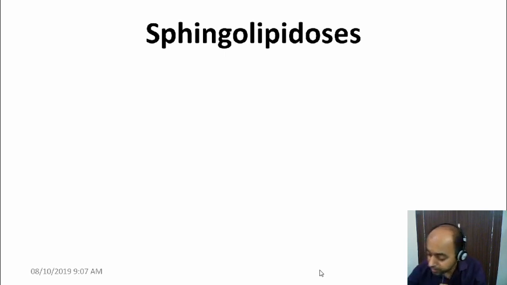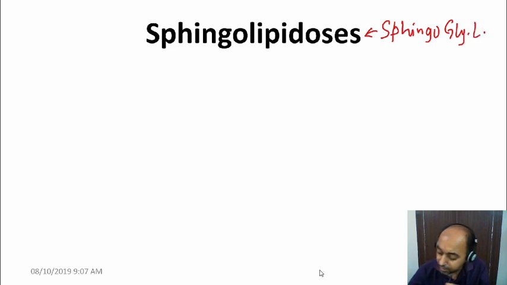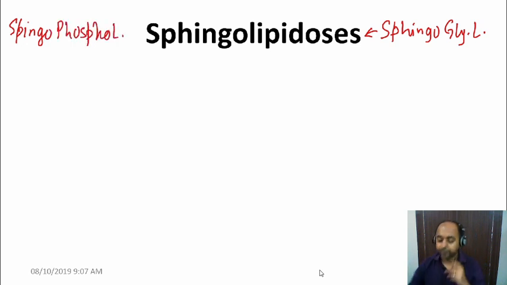The sphingolipidosis can result from accumulation of the sphingoglycolipids as well as the sphingophospholipids. So sphingolipid contains both types.